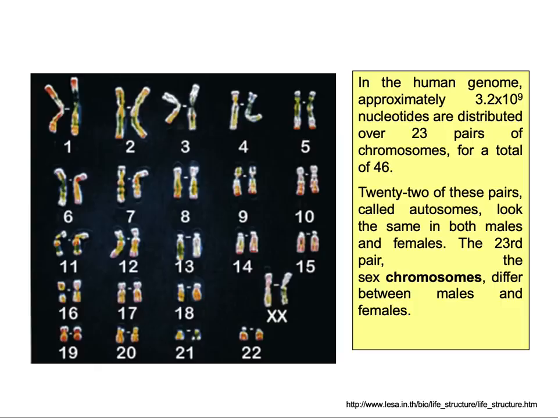So if we have, let's say, 3.2 billion nucleotides, we can find that for a specific protein, let's say for example insulin, we have a number of nucleotides that come in sequence in one place in one of the chromosomes. This sequence is the only sequence that can make insulin as a functional protein. That is a gene. That's what we call a gene.